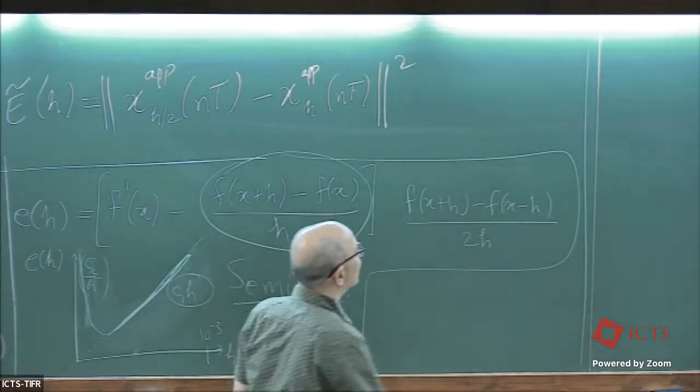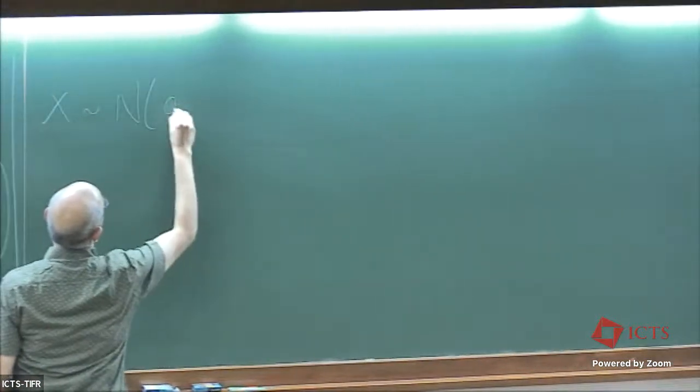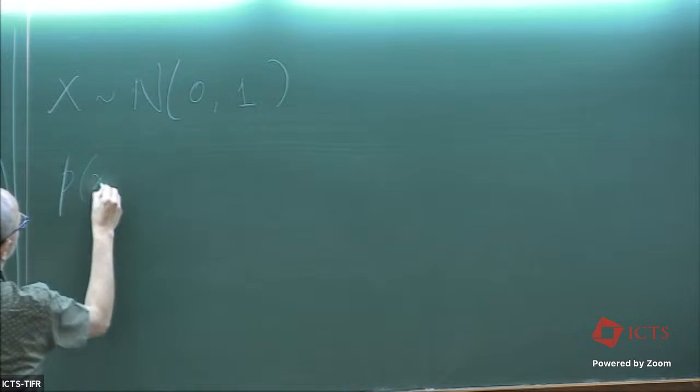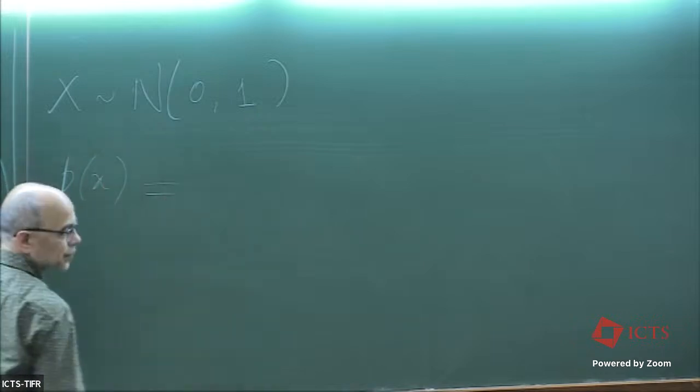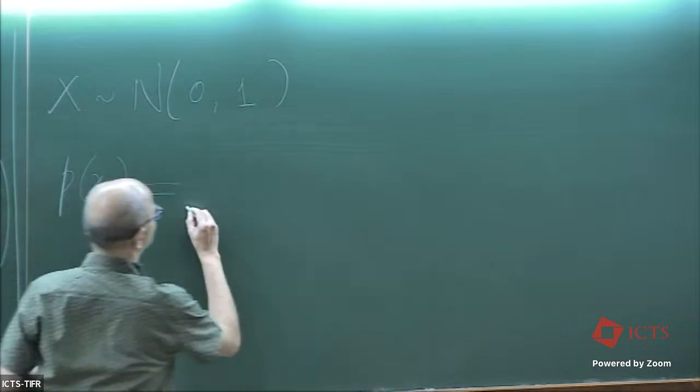So for example, if I say x is a normal random variable with mean 0 and variance 1, do you know how to write down the probability density of x? Have you seen this before? Yes? If you don't remember, that's okay. At some point, you have seen this in your life, that you know what this is supposed to be? At least the picture, hopefully, that looks like this.